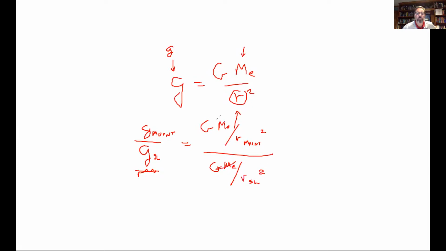And wouldn't those two cancel? And so you don't even need to know them. All you need to know are the radius at the top of the mountain, the radius at sea level, and g at sea level. And you could figure out what g is at the top of the mountain. It'll be a little different.